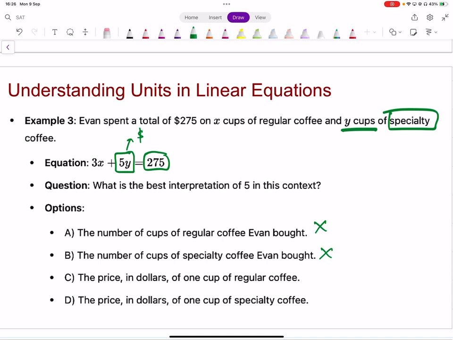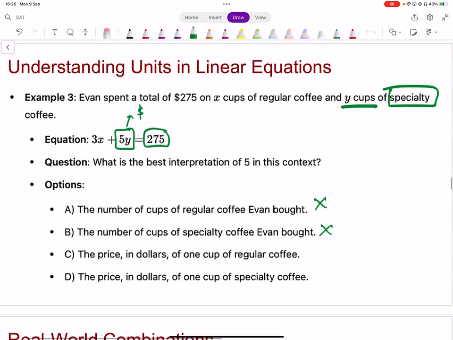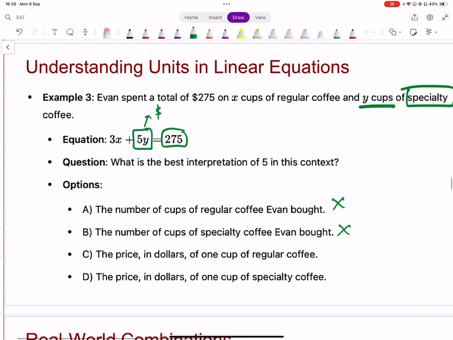Now, they've actually made it very obvious here, but let's say there was another option. The price in dollars of, let's say, the total price in dollars of specialty coffee.